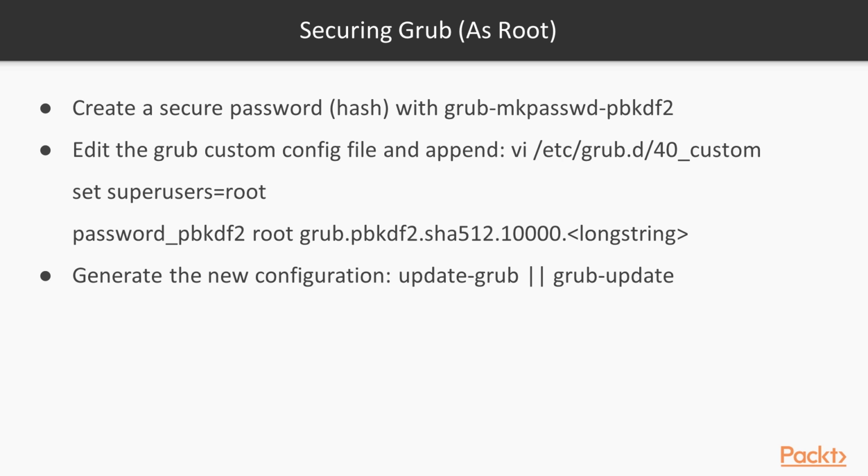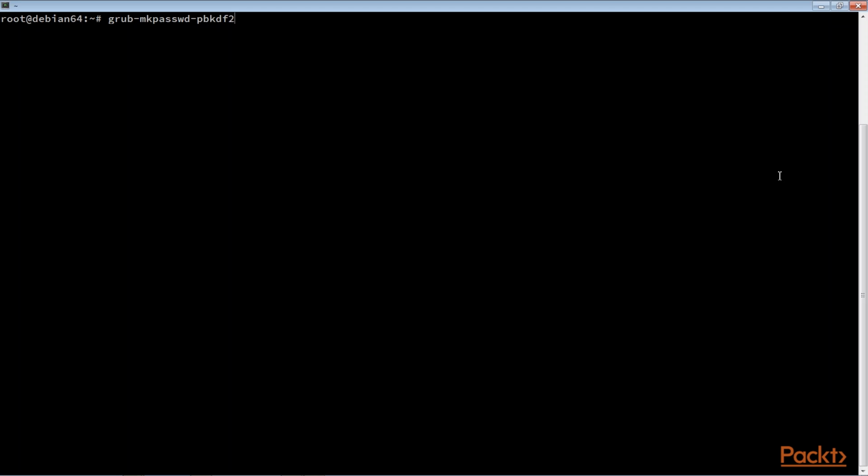To prevent this attack, first we create a secure password hash. Then, edit the configuration of GRUB to use this authentication. Then we generate a new configuration. I will now show you how to do this in detail. We're on the Linux command prompt as the user root.